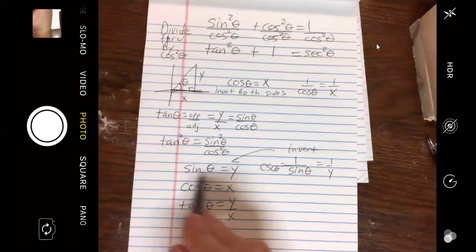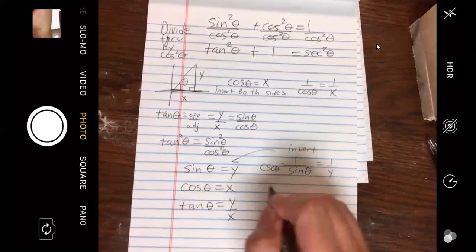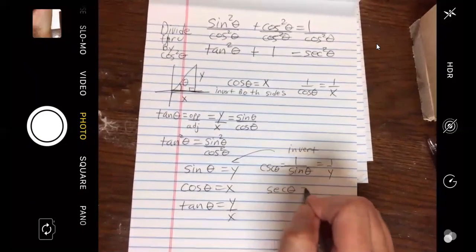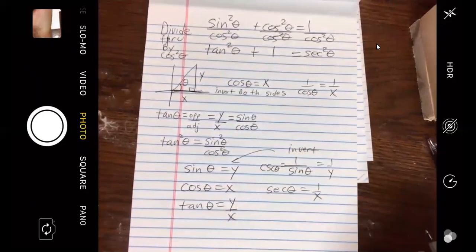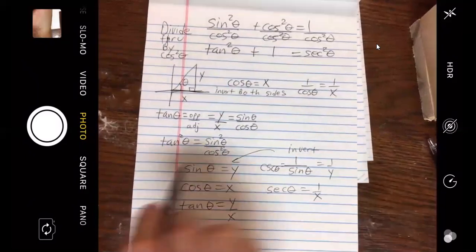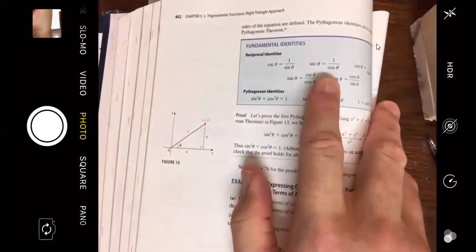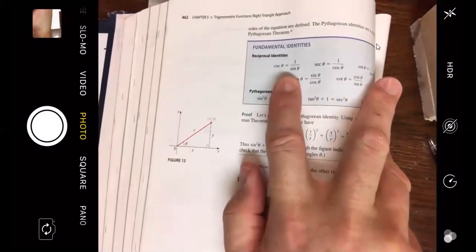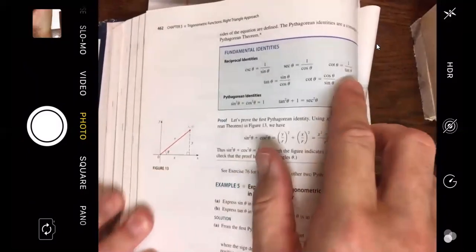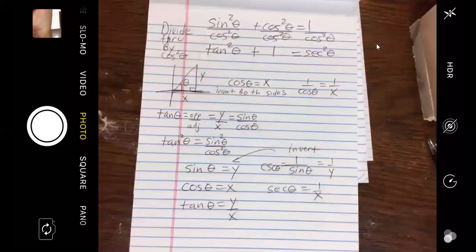Cosecant was the invert of these. Secant is the invert. So they're showing you this right here. A secant is 1 over cosine, a cosecant is 1 over sine, and a cotangent is 1 over tangent. You could do these from your basic opposite over hypotenuse.